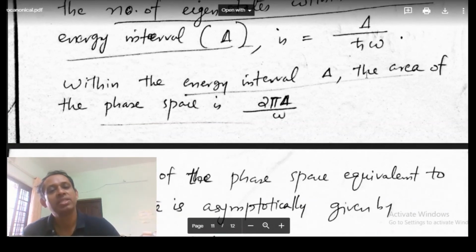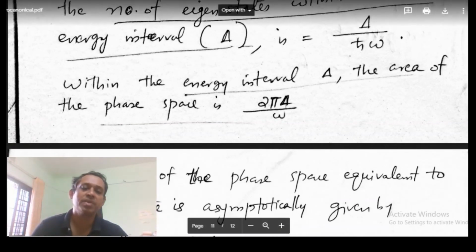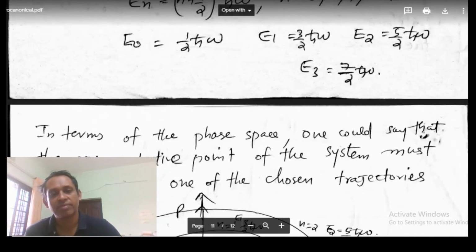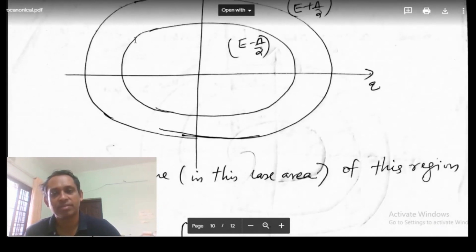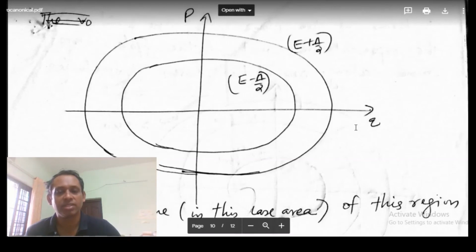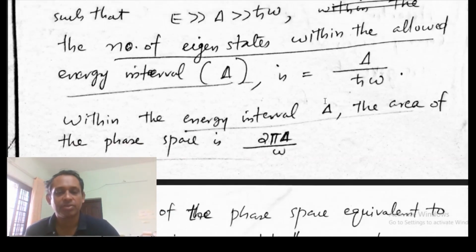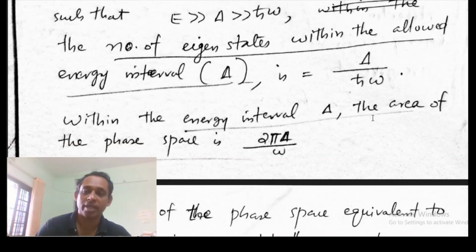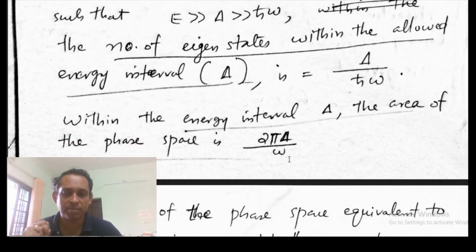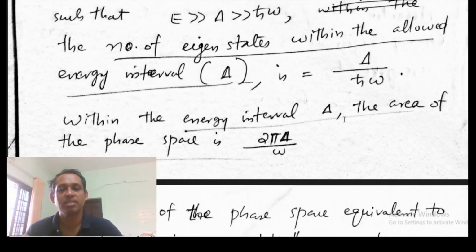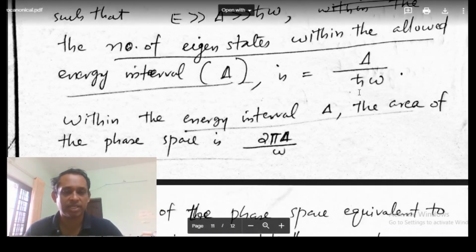Now within the energy interval Δ, the area of the phase space is 2πΔ/ω, that we have seen. The area of this region is 2πΔ/ω. So we have the area in this case, which is 2πΔ/ω, and we have the number of states in that area, that is Δ/ħω.